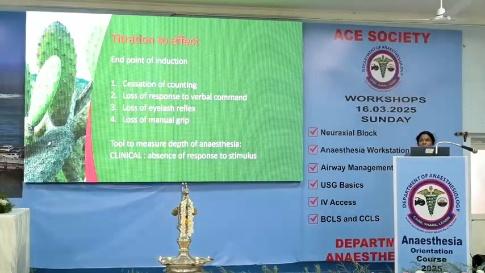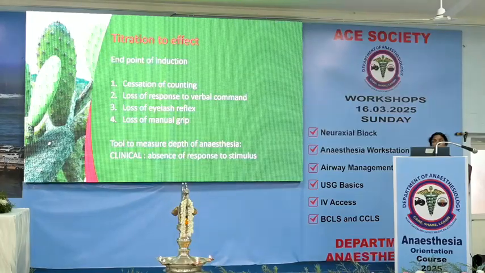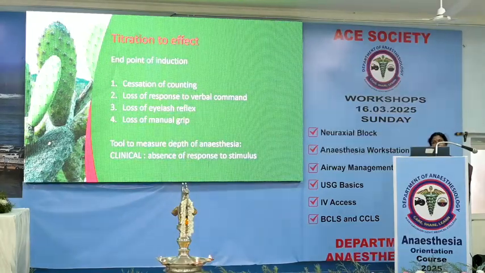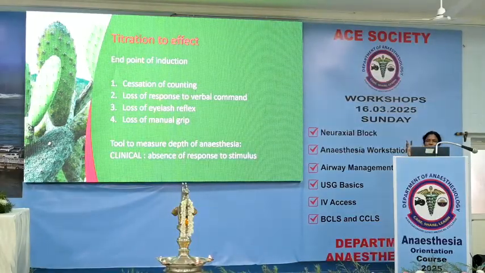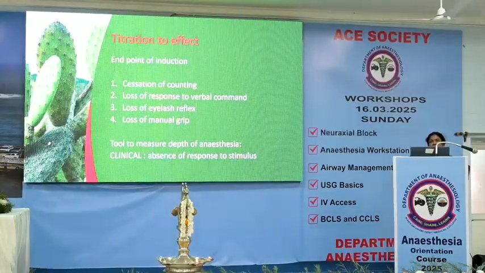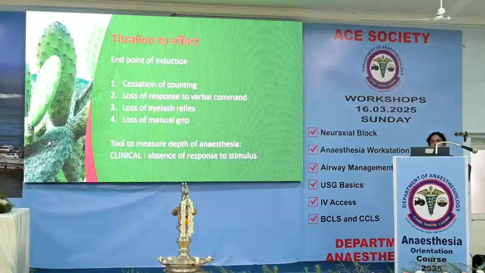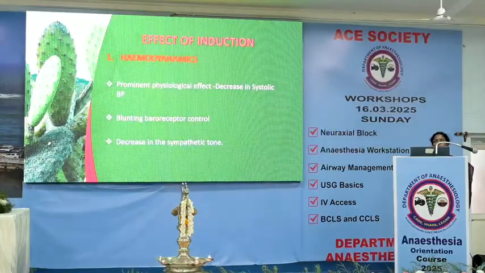As soon as the patient stops counting, or if there is no response to verbal command, then signs like loss of eyelash reflex or loss of manual grip, these roughly we take as an index of sufficient induction. The tool to measure the depth of anesthesia is, when the patient is not responding to your surgical pain stimulus, it means it is the end point. So it is an indirect measure of the depth of anesthesia.